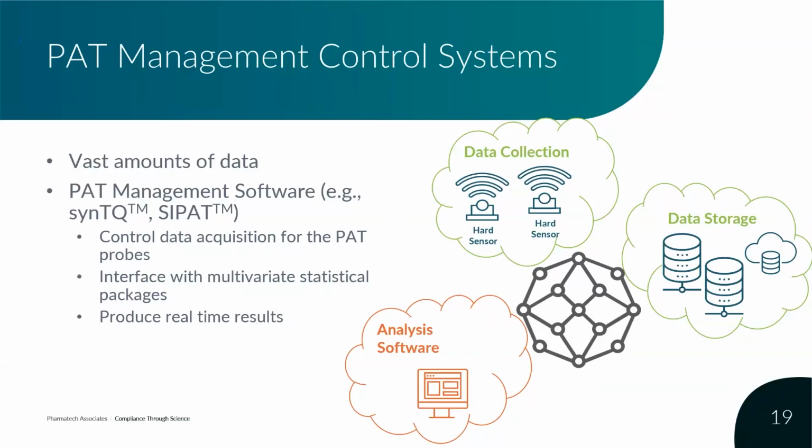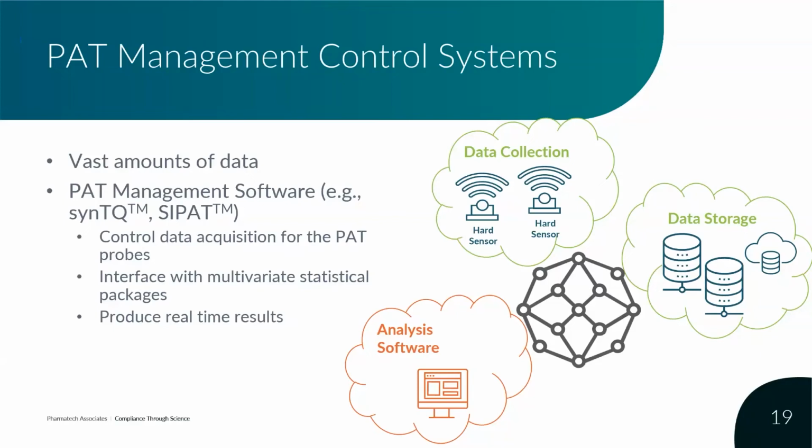Fortunately, computers have come a long way. We've got a lot more data storage capabilities. Some of the probes are usually under the control of process analytical technology management software, and I've listed some examples here.